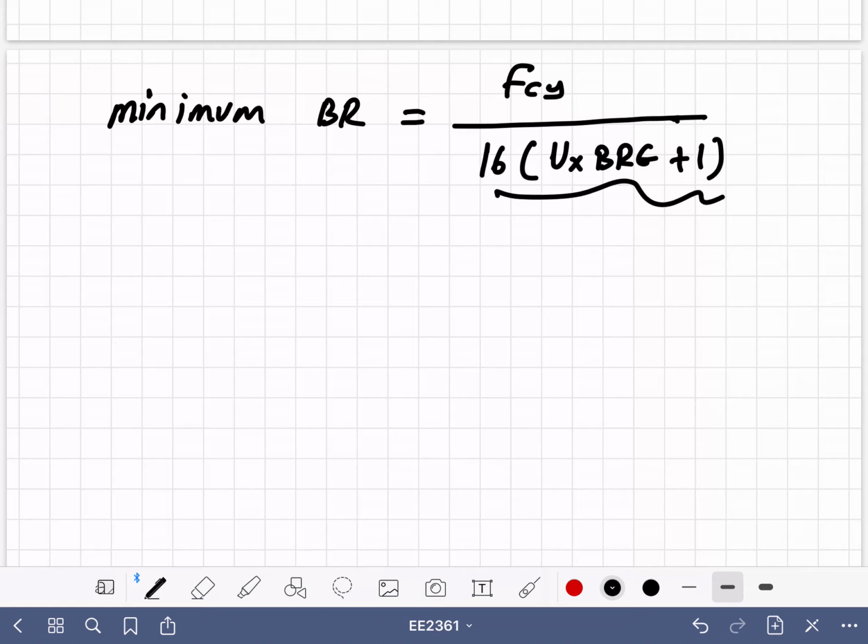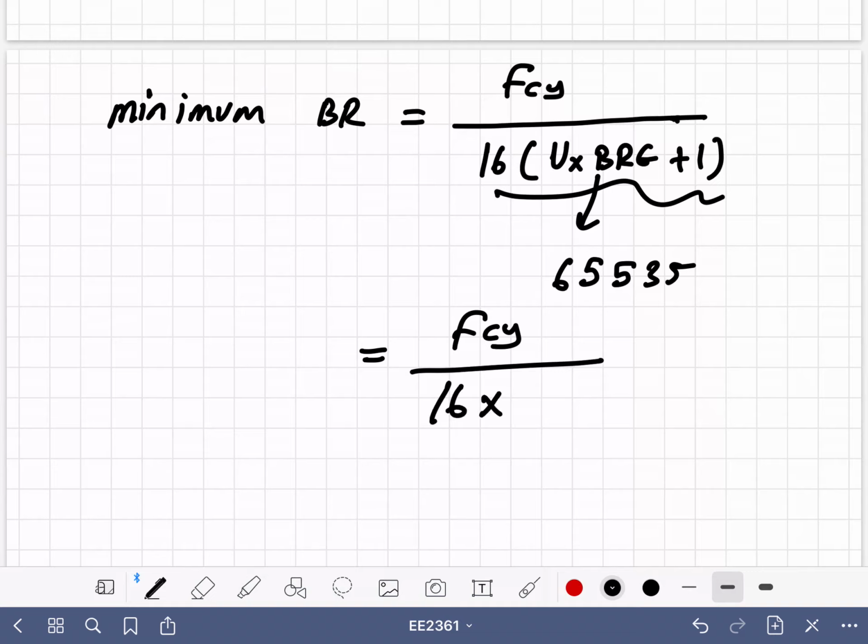And the maximum value you can put here, obviously if it is 16-bit, is 65,535. Okay, so then for minimum, the formula becomes 16 times 65,536. Okay, so that's it.